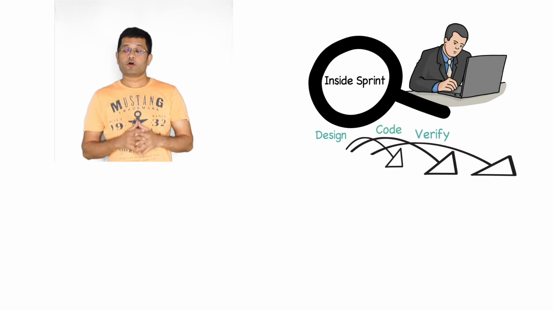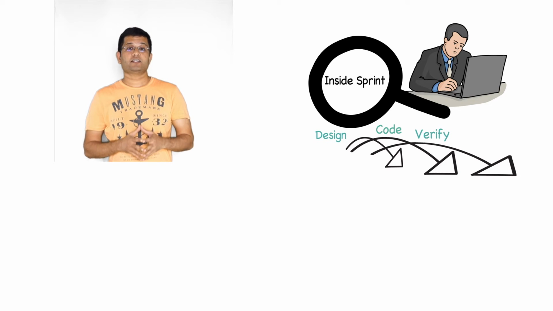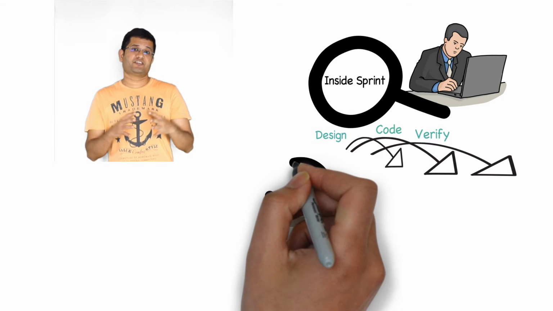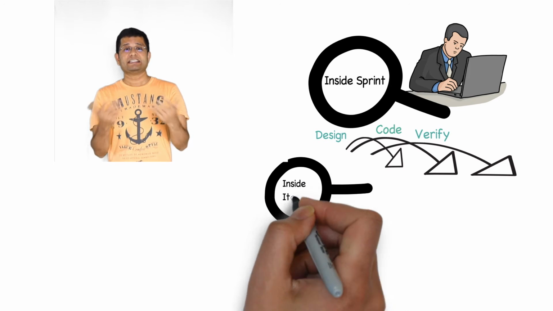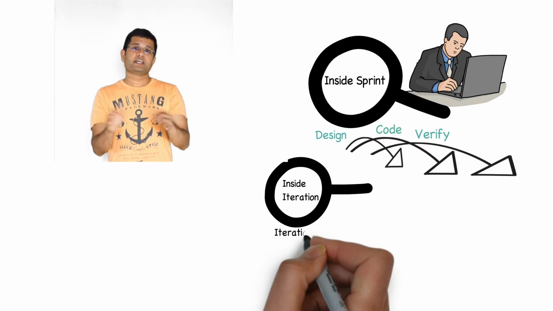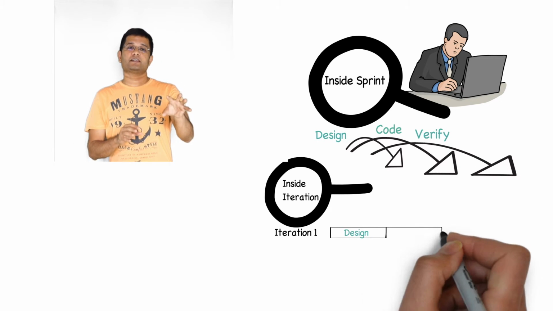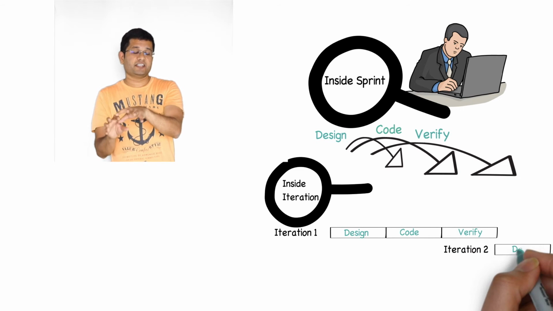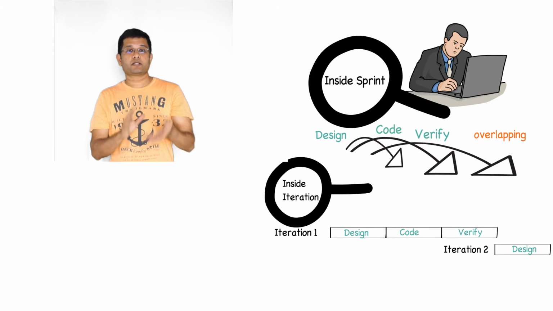The overlapping of the design, coding and verification could be a stark differentiation between the traditional iteration development and the iterations within the Scrum. In the traditional iteration development, typically you may be following a waterfall model within an iteration. So you finish your design, you finish your coding, you do a verification and then you move to the next iteration. Whereas within the sprint, you have all these phases overlapping.